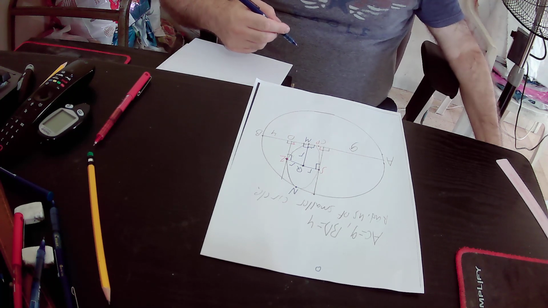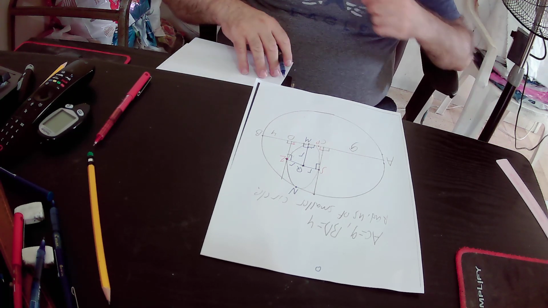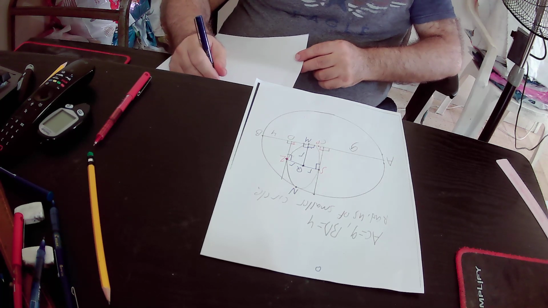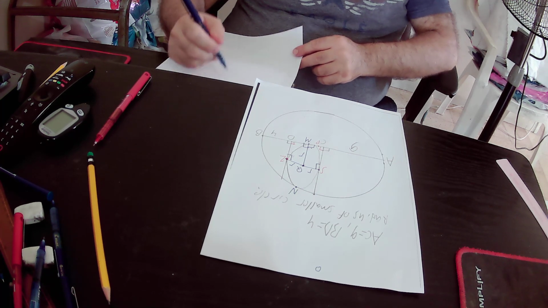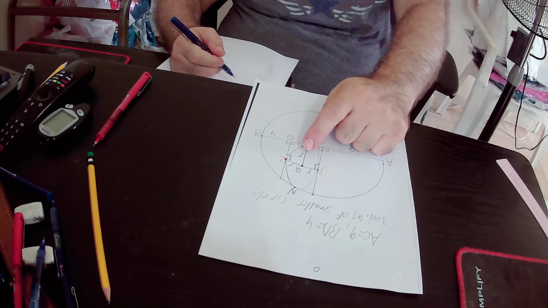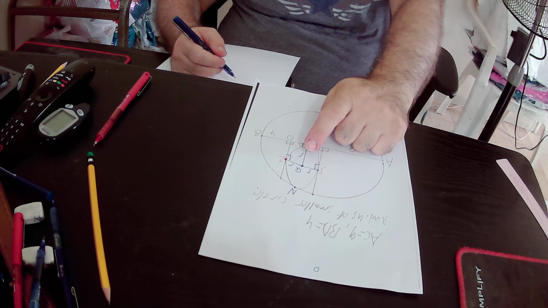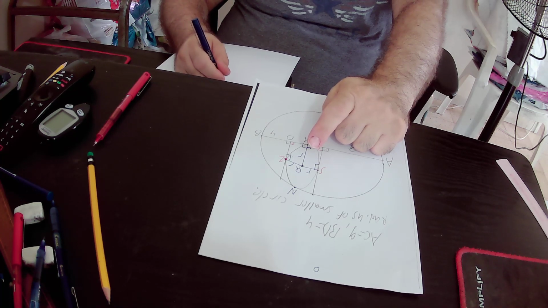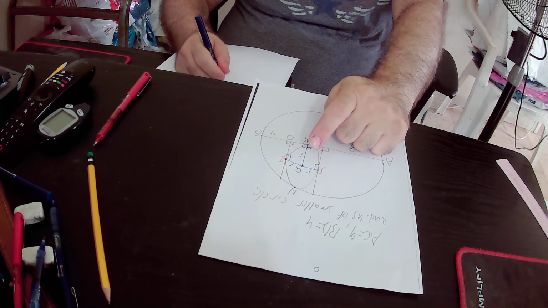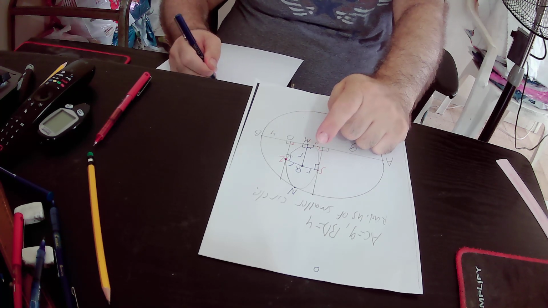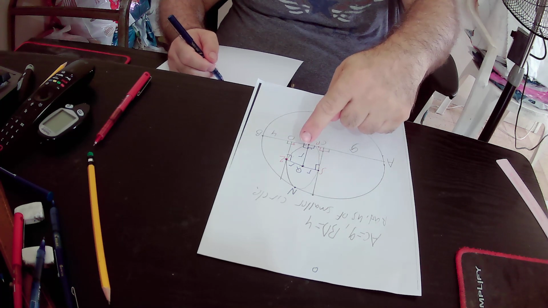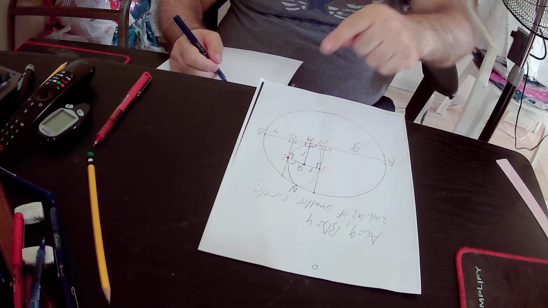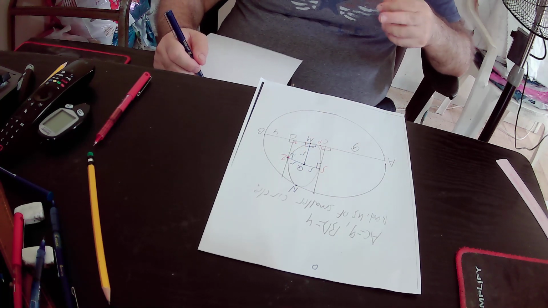Okay, so actually we have quadrilateral QZMD. Again, quadrilateral QZMD. This quadrilateral has 3 right angles.